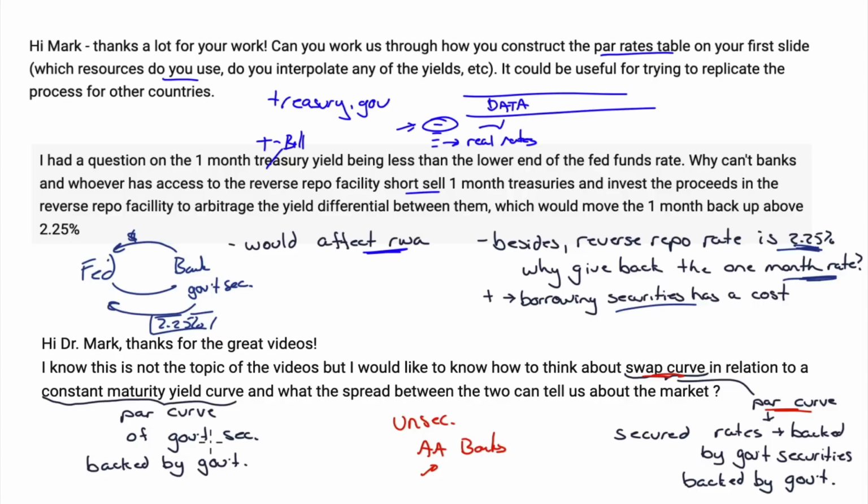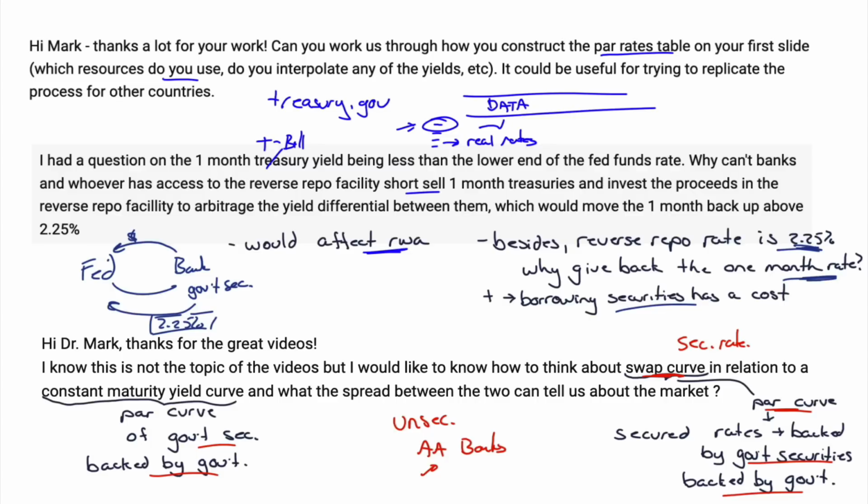This par curve is a curve of government securities that are backed by the full faith and credit of the government. The swap curve now is a secured rate. It is based on a secured rate because it is backed by a government security. So it is a secured rate backed by government securities, which is backed by the government.